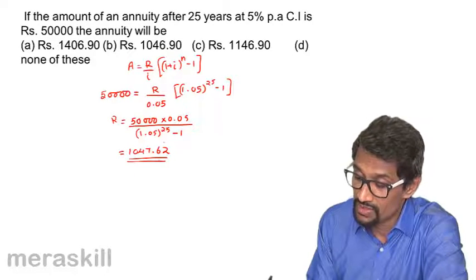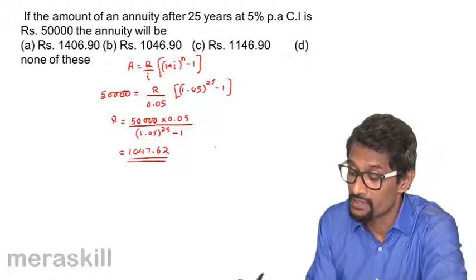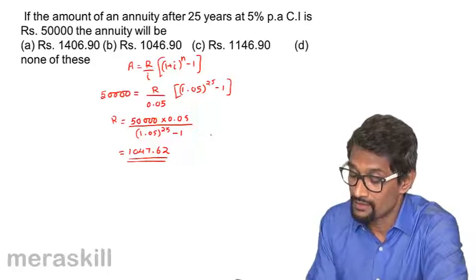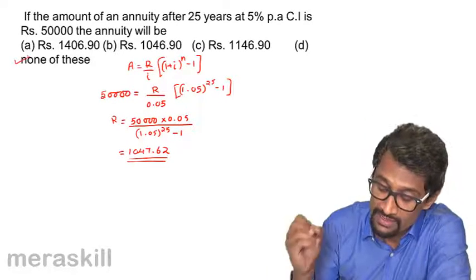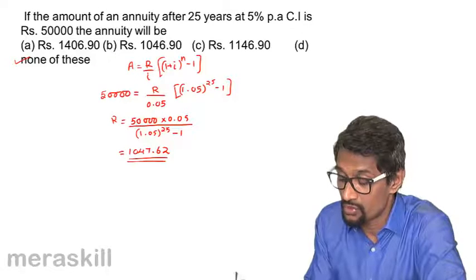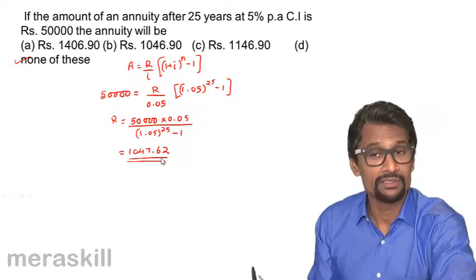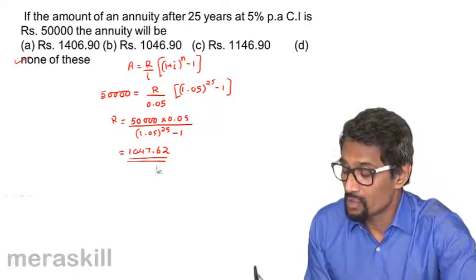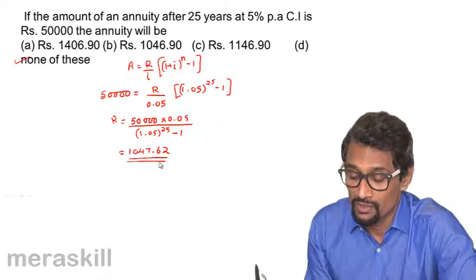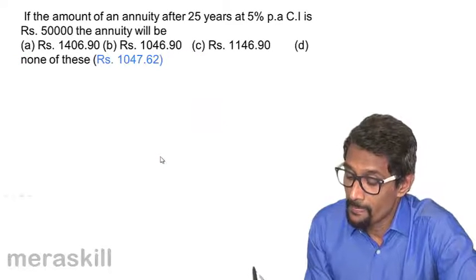So the deposit that you need to make at the end of every year, which will amount to 50,000, is 1,047 rupees 62 paise, which is among these none. So none among these is the answer. This is quite close, but the difference is more than 1 rupee. So you need to deposit 1,047 rupees 62 paise every year so that it would amount to 50,000 after 25 years. Okay, so none of these.